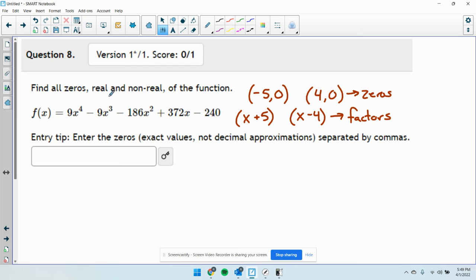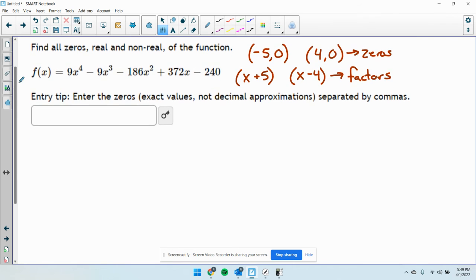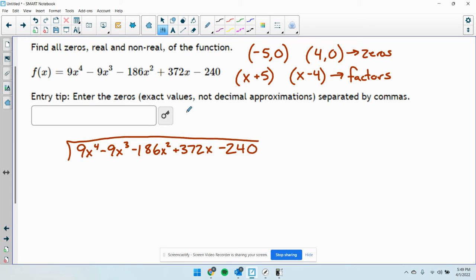So now I just need to figure out what's left once I factor these terms out of the polynomial. So let's do x plus 5 first.